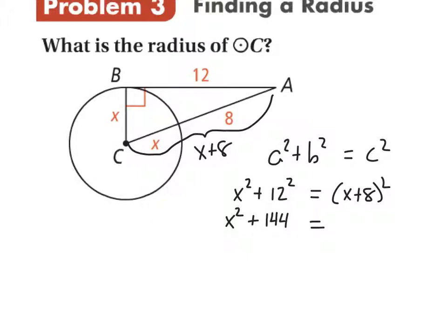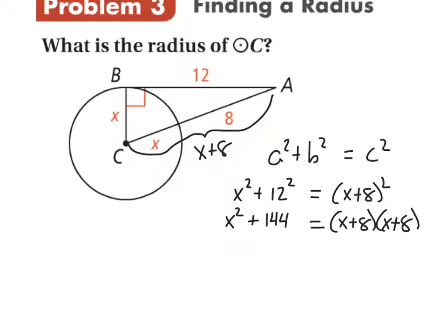Pick the proper one. Remember it? It's FOIL. FOIL is what we need to do. So, to FOIL, we have to take x plus 8 times x plus 8. That's what x plus 8 squared means. Okay? So, we're going to go ahead and FOIL. Now, FOIL stands for, do you remember that part? What does FOIL stand for?